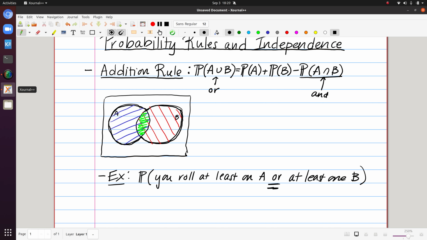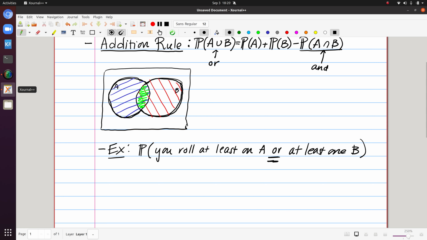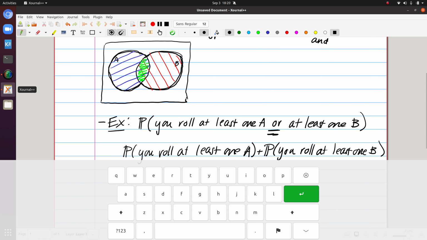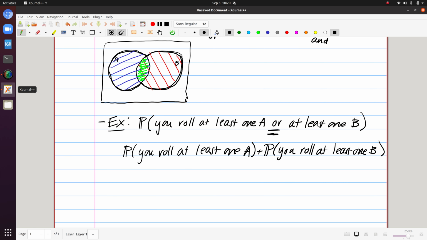So employing this rule now, we could think about taking the probability that you roll at least one A, plus the probability that you roll at least one B, minus the probability that you roll at least one A and at least one B.